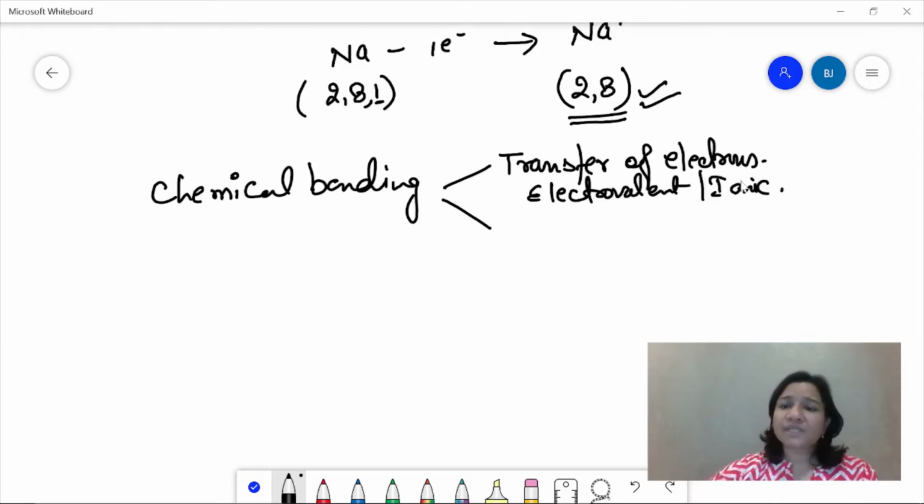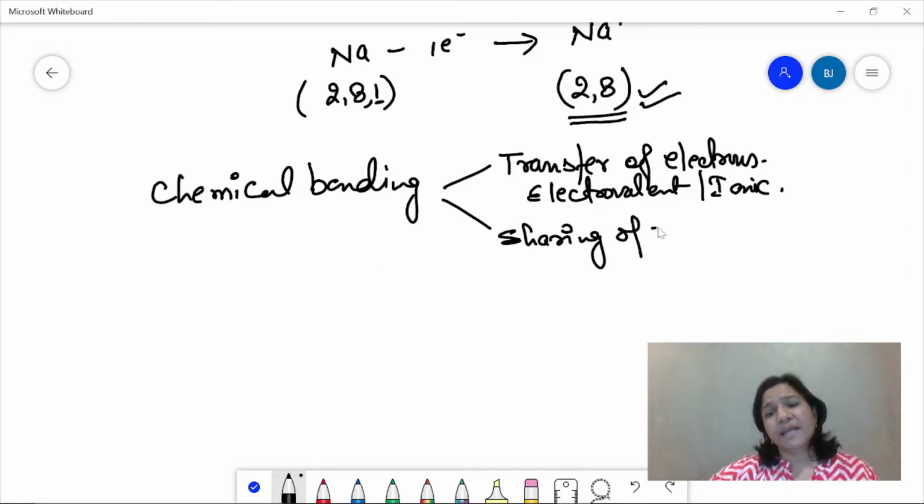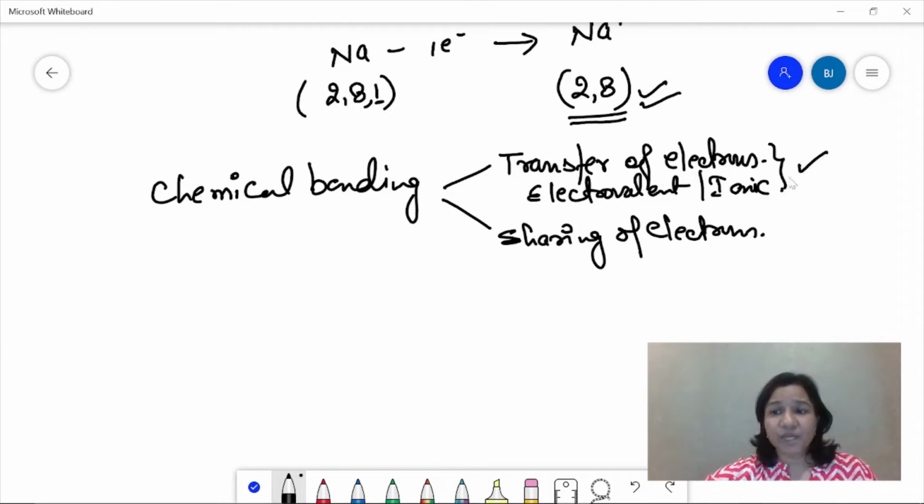The second mode: sometimes by losing or gaining electrons we are not getting the octet configuration completed, or our target is not fulfilled. In such a case, we have another mode, known as sharing of electrons. When we follow the transfer mode to complete the octet, that is called electrovalent or ionic bonding.